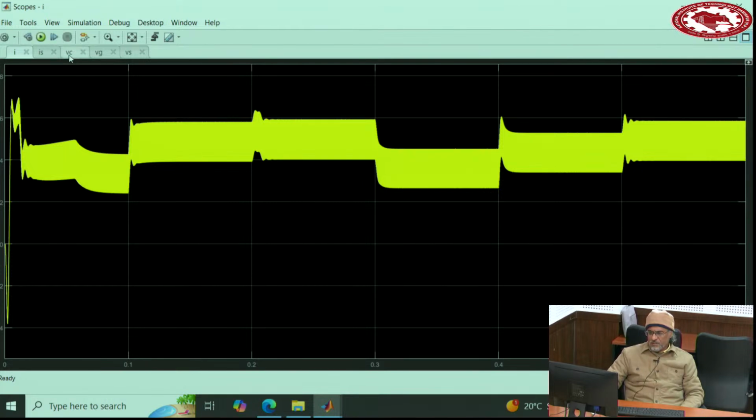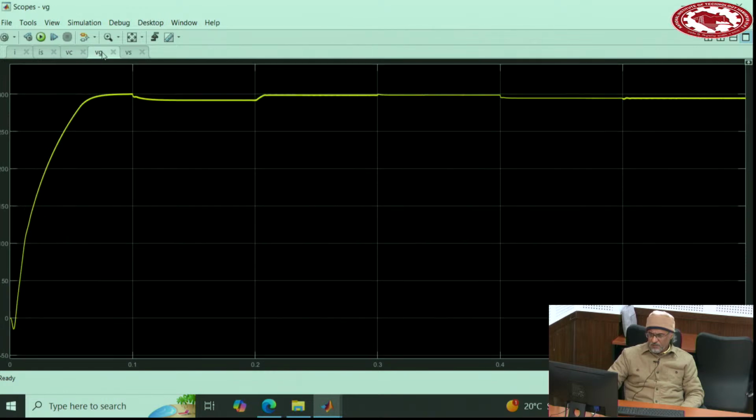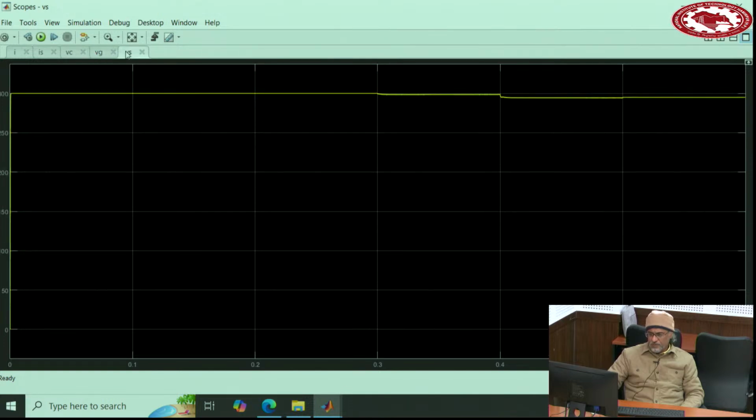This is the capacitor voltage, which builds up during the starting time. And this is the grid voltage or load voltage. And this is the grid voltage. So this is load voltage.